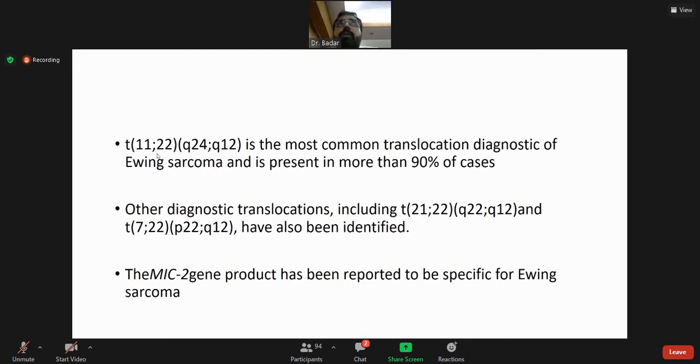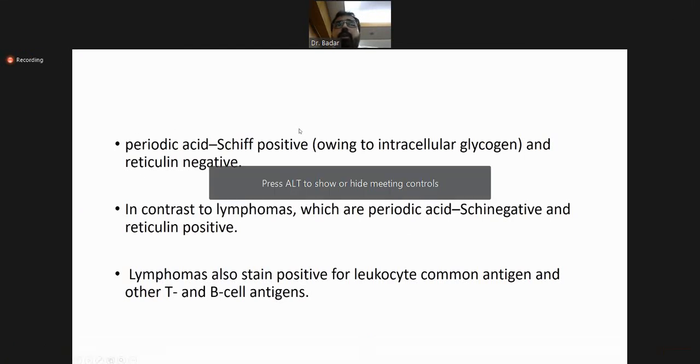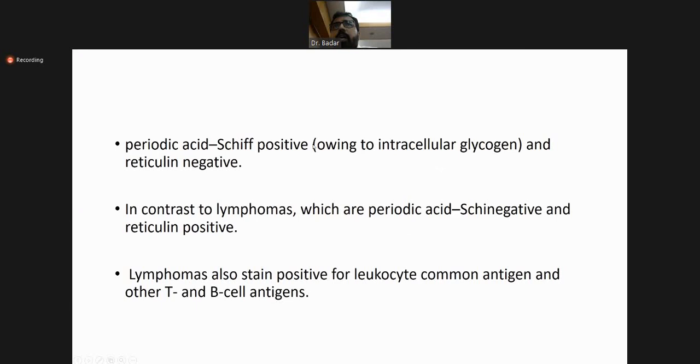In these patients there is a translocation t(11;22), and this translocation is found in 90% of the cases. Recently other translocations have been described as well. Ewing sarcomas are periodic acid-Schiff positive because of increased glycogen in their tumors, and they are reticulin negative.